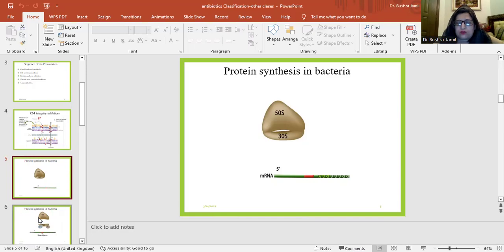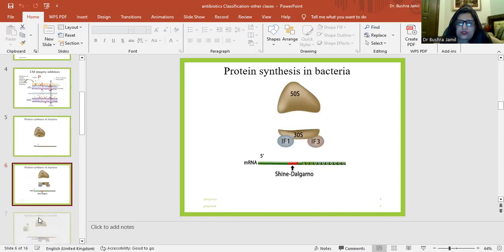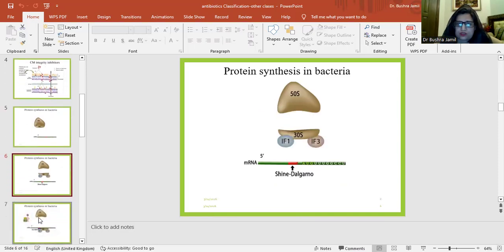So the protein synthetic machinery includes ribosome and of course the messenger RNA that is transported from the nucleus to the cytoplasm. Now, in the cytoplasm, there is messenger RNA, there are ribosomes as well. Now, when the translation has to be started, first of all, the initiation proteins IF1 and IF3, these are the main initiation proteins.